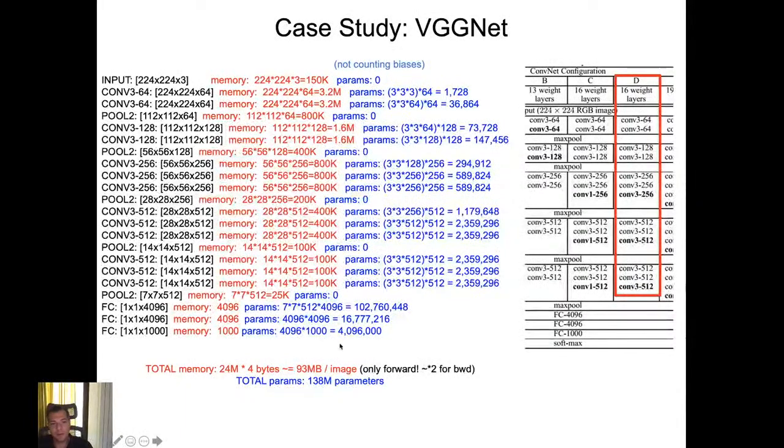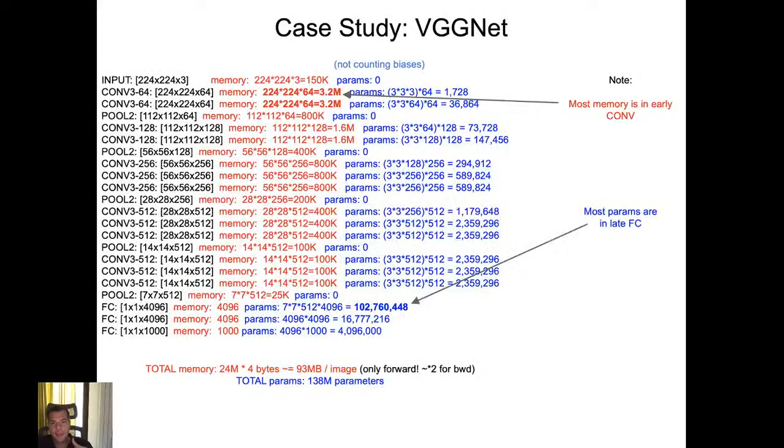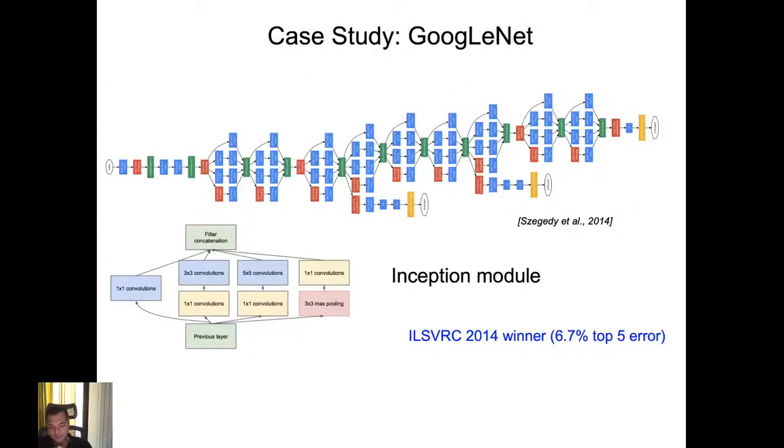So depending on the size of your GPU, you can already see that you cannot use mini batches that are so large. And the total number of parameters in VGG is about 140 million, so a lot of parameters to optimize. As I previously observed, most of the memory is required for the first convolutional layers, and most of the parameters are in the late fully connected layers.